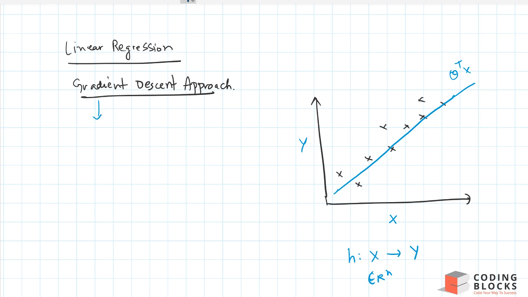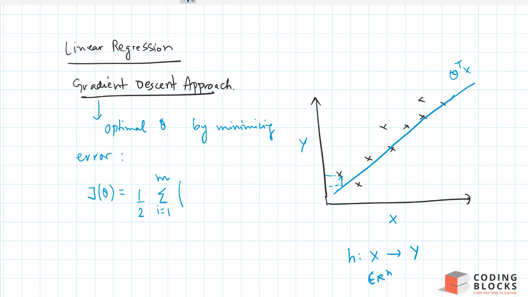So the gradient descent algorithm will help us to find the optimal theta by minimizing the loss, or by minimizing the error, right? So remember we have denoted the error function as J(theta), which is equal to half of the total squared error over all examples, right? So over all examples, we find the error by taking the difference of the actual value and the prediction.